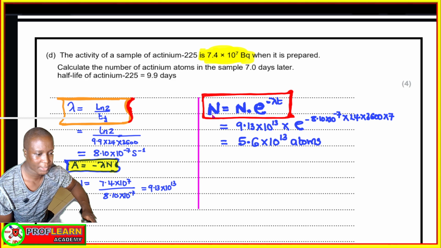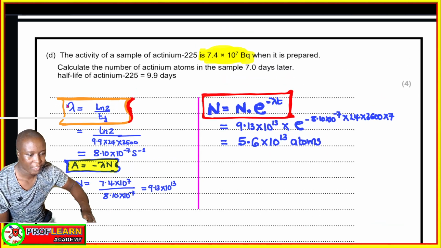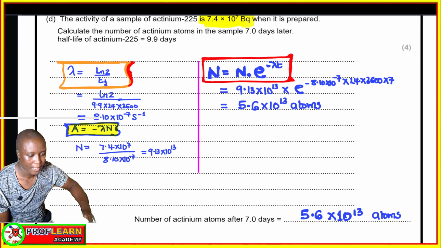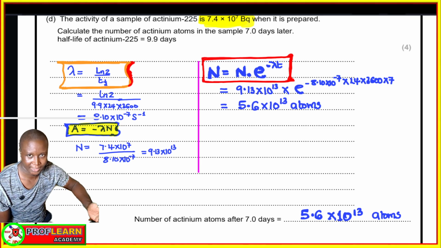and questions to do with decay constants. Whenever you have half-life, you can get the decay constant by ln of 2 over the half-life, but the half-life you have to convert to seconds. Once you have that, we need to work out the activity. Remember, activity is equal to the decay constant times the original number of nuclei.